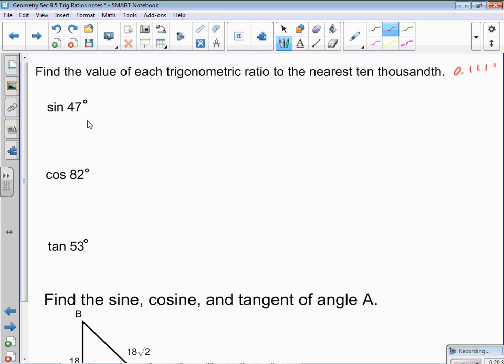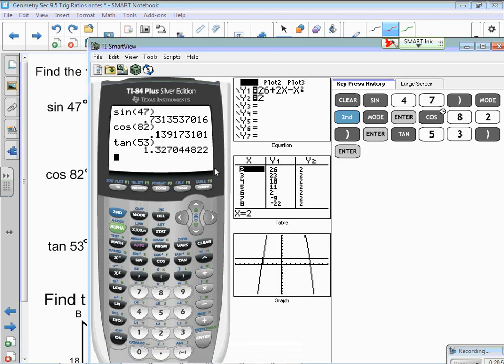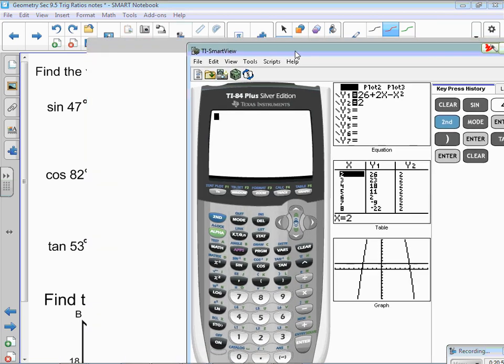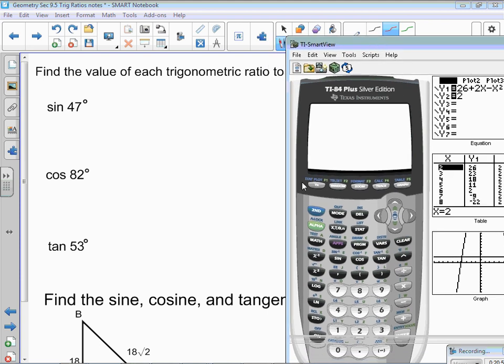All right. So the sine of 47 degrees, we've got no triangle here, right? We just got an angle measure, which means we're going to use our calculator. And now, whenever we use a calculator and do any trig ratio stuff, sine, cosine, and tangent, you have to make sure that your calculator is in the right mode, because every calculator has more than one mode that you can figure trig ratios in.